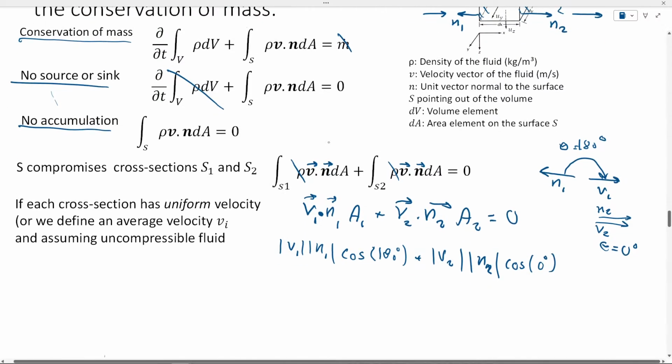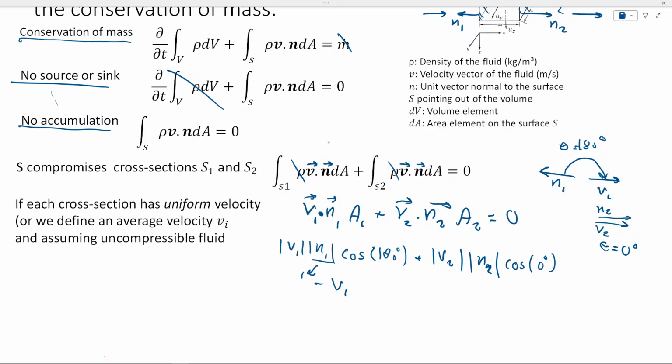So what do we got here? For this guy, we got negative V1, because cosine 180 is negative 1, and cosine 0 is 1. So I will get negative V1.